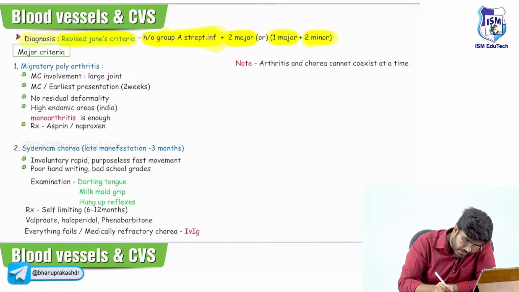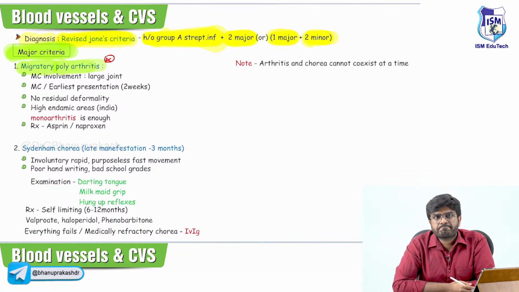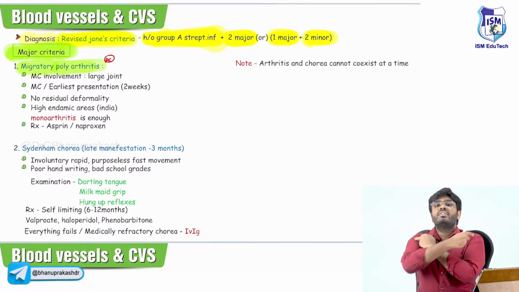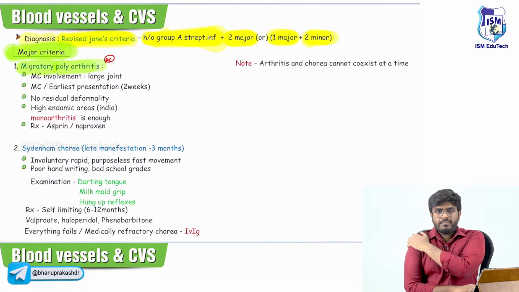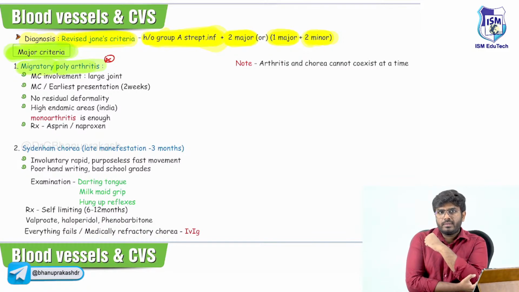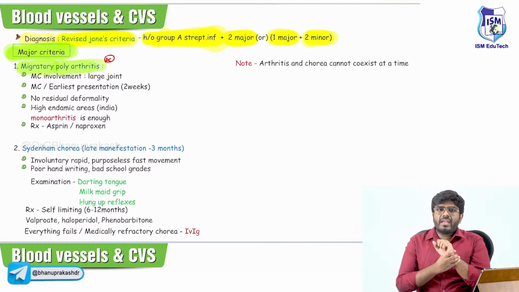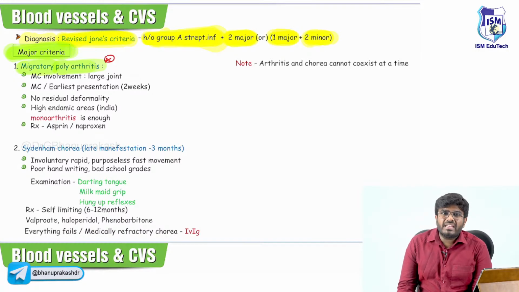The second major criterion I am going to discuss is migratory polyarthritis. What is this word, migratory? The antibodies now start to attack the joints also. First my shoulder joint will be affected, followed by the elbow joint, the wrist joint, hip joints, ankle joint, and knee joints.